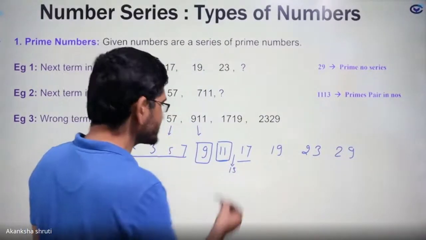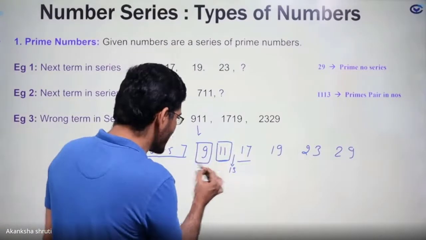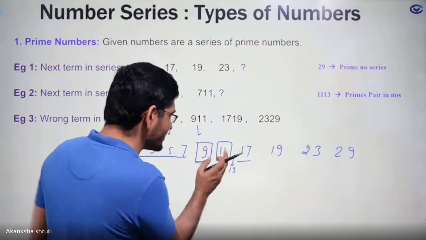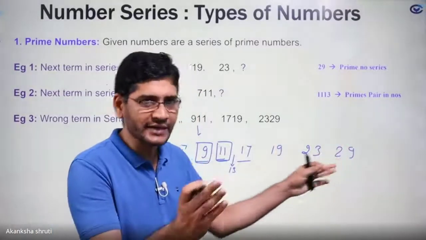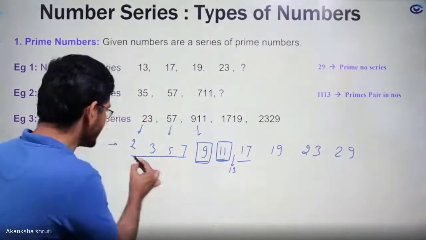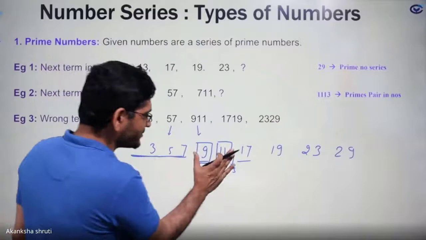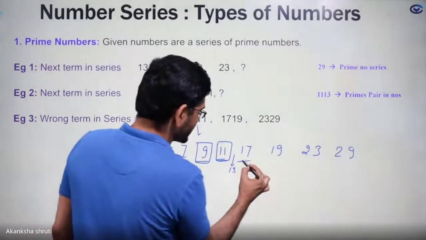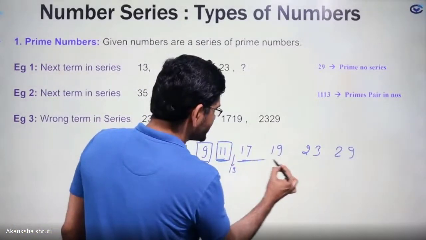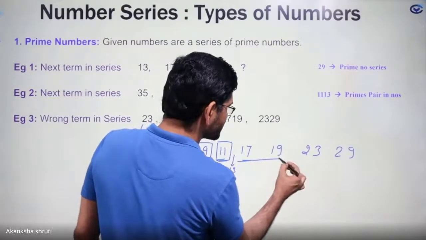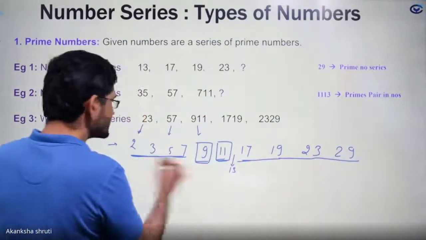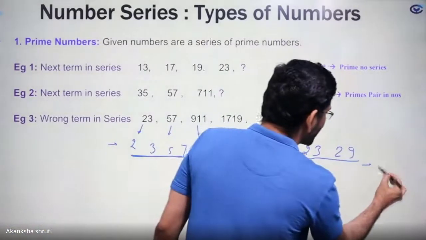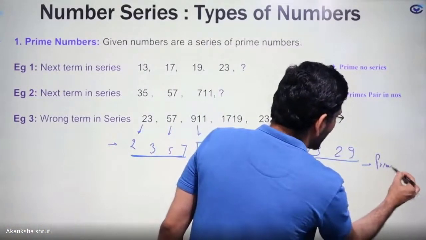So students, let us leave this or let us just mark it. Means our possibility is this one, but we have to verify whether the remaining is following that prime trend or not. Like here it is being followed. Leave these 2 terms. Let us try with them. After that 17, 19, yes, it is prime. 23 is prime. 29 is prime. Means the entire one is the prime series, prime numbers.